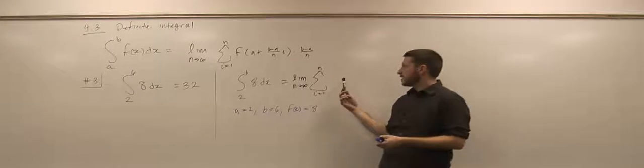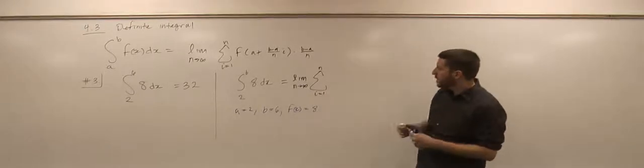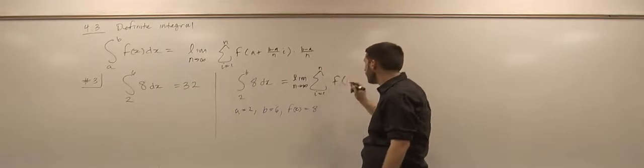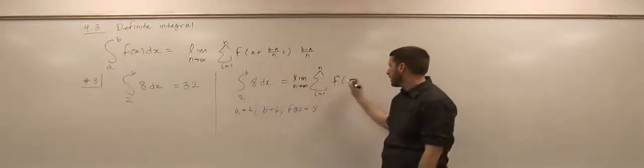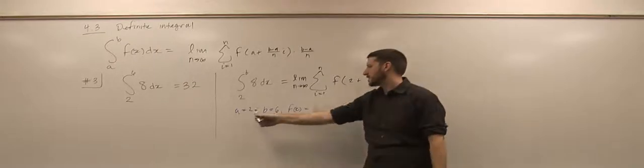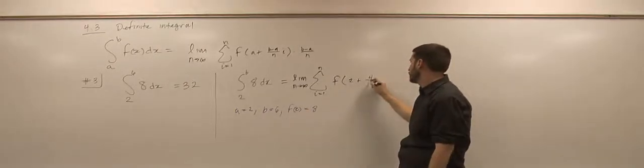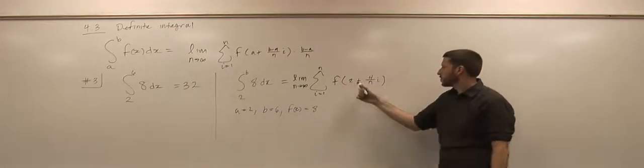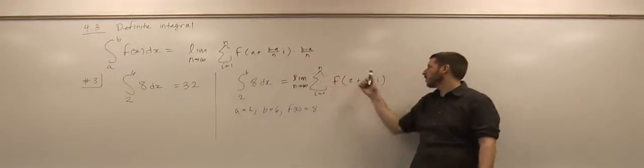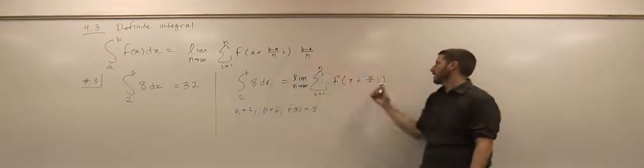So in my sum, I have to put f of a plus b minus a, which is 4, over n, times i. So I'm just substituting. A is 2, b minus a is 4, n is n, i is i.